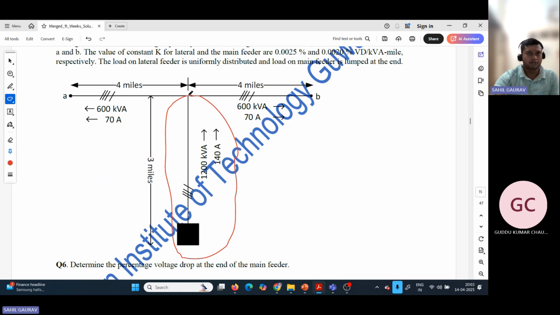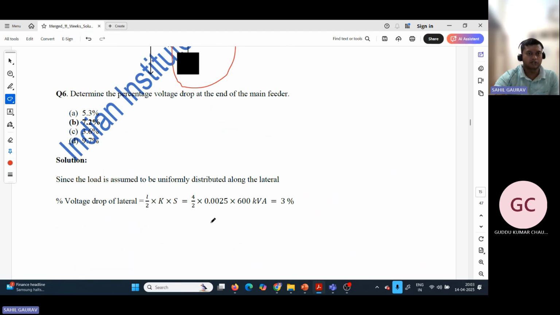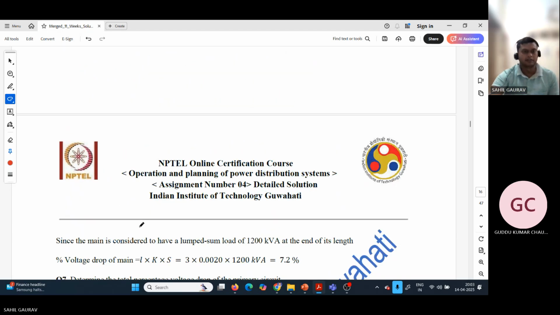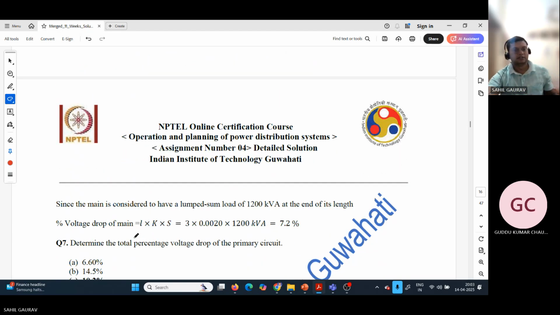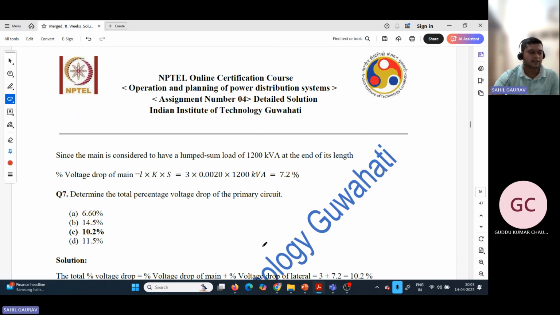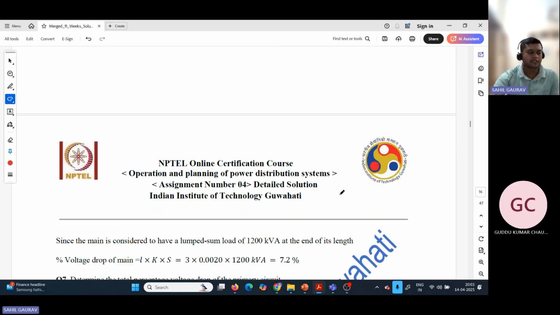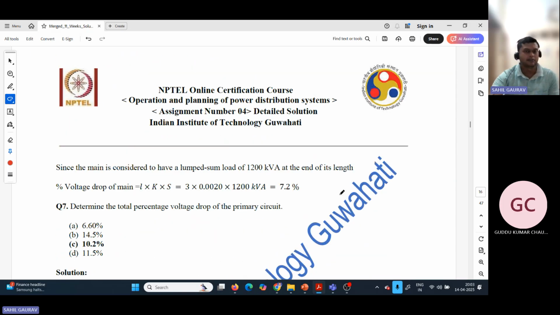It is asking about the percentage voltage drop at this point. After you apply KVL into SN, you will get 7.2%. Now in the next problem, they are asking about the percentage voltage drop of the primary circuit, meaning the whole thing, where you have to assume the laterals and the main feeder.